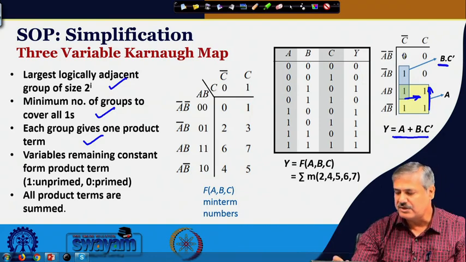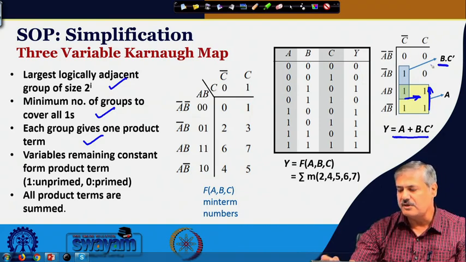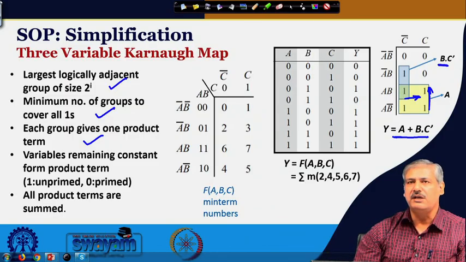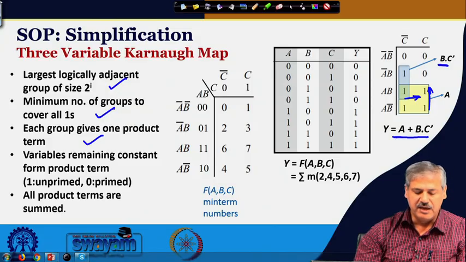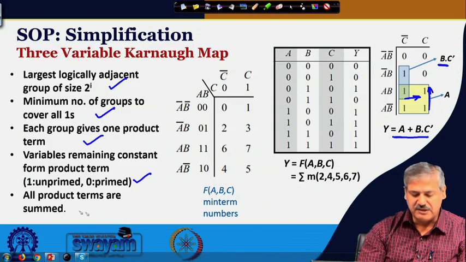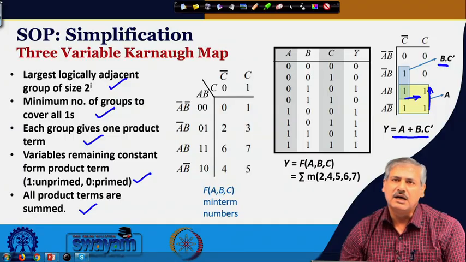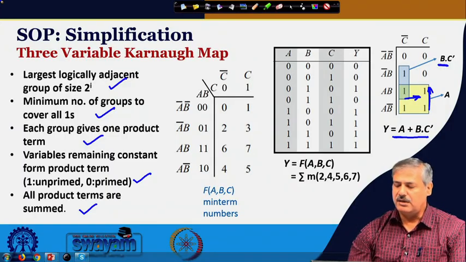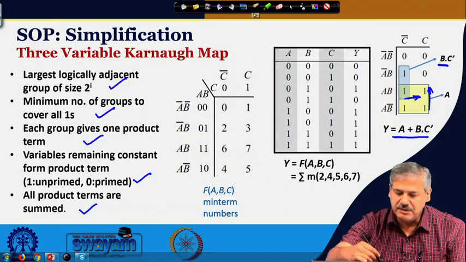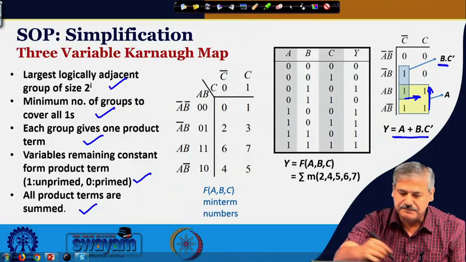Okay. So, the variable remaining constant with 0 here is C prime, so we will go with that, and B over here remaining with 1, so only B goes as unprimed or uncomplemented, and all product terms are finally summed. Clear. So, this is the way we shall form the SOP with the Karnaugh map based simplification.